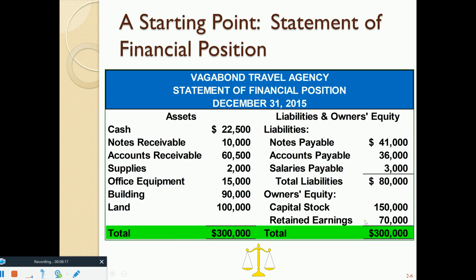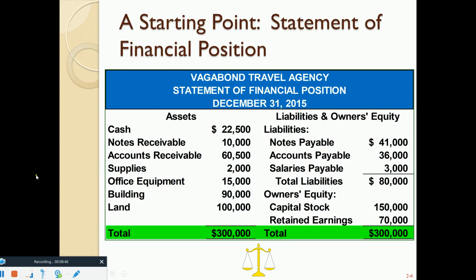And the retained earnings, that represents when the company actually runs the day-to-day operations, when they earn money, when they earn revenue, less paying out expenses and dividends, which is a distribution to the owners. This is the accumulated amount that's left, that's been earned but has not yet been paid out to the owners. Okay, so these are the two equity accounts.